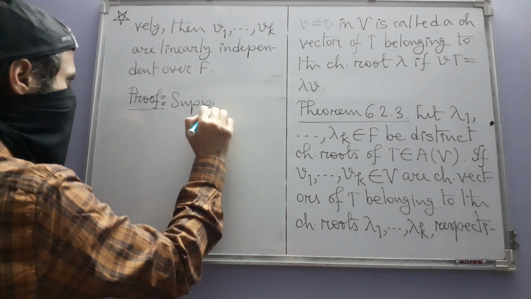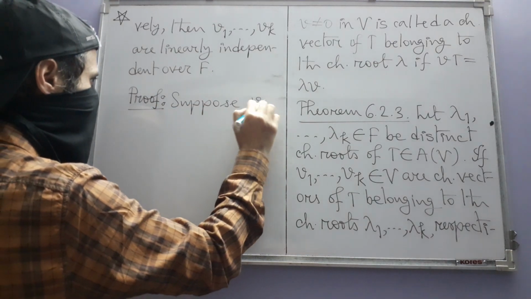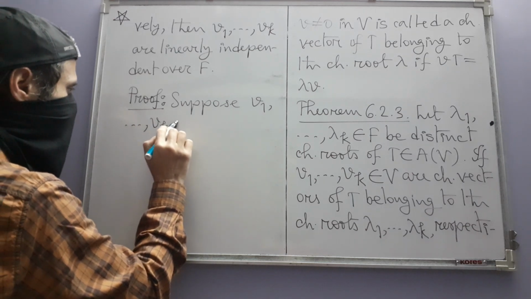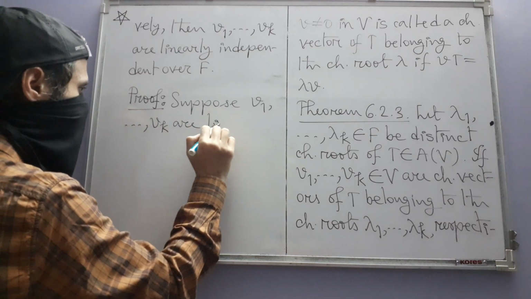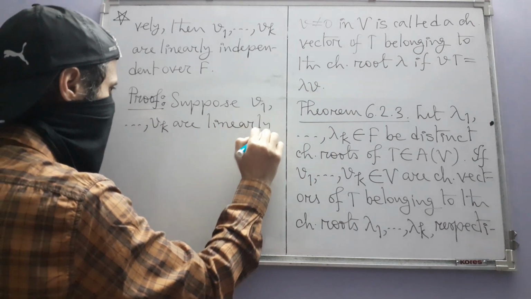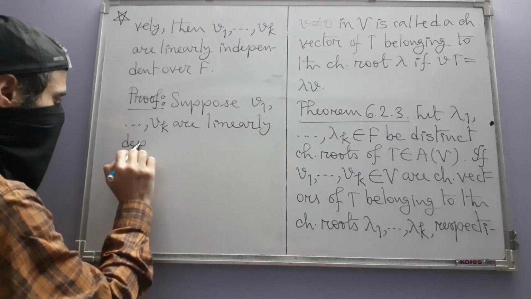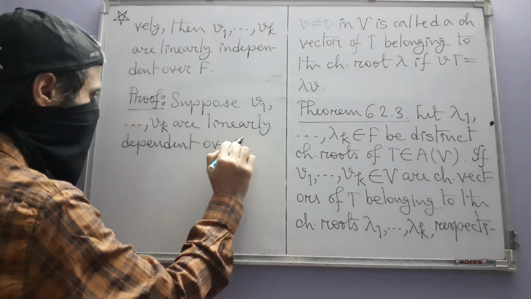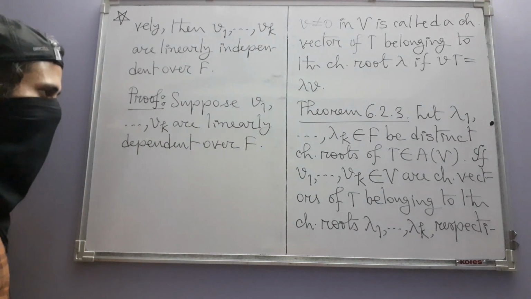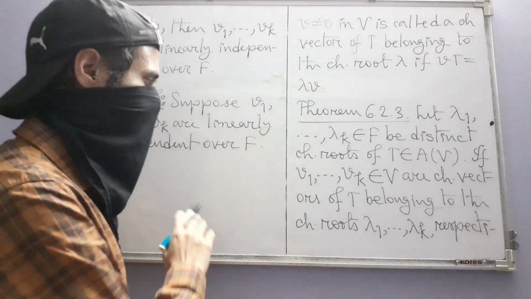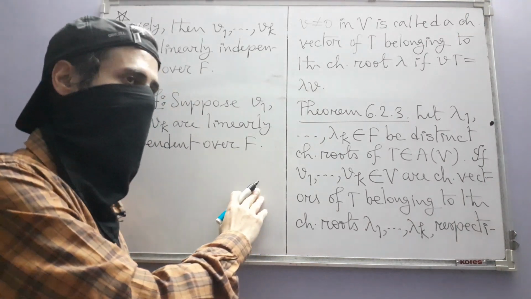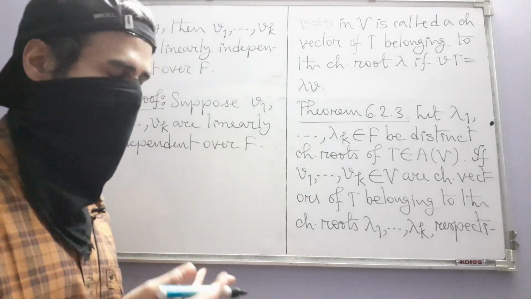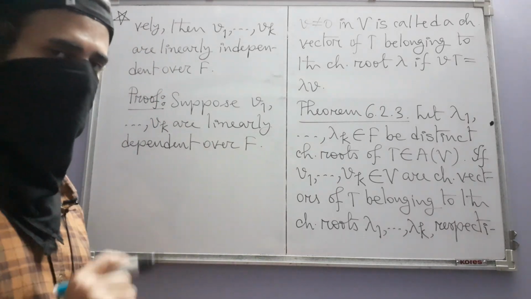Suppose that our vectors are linearly dependent over F, and that means that some non-trivial linear combination of these vectors with coefficients from F, of course, is equal to 0.